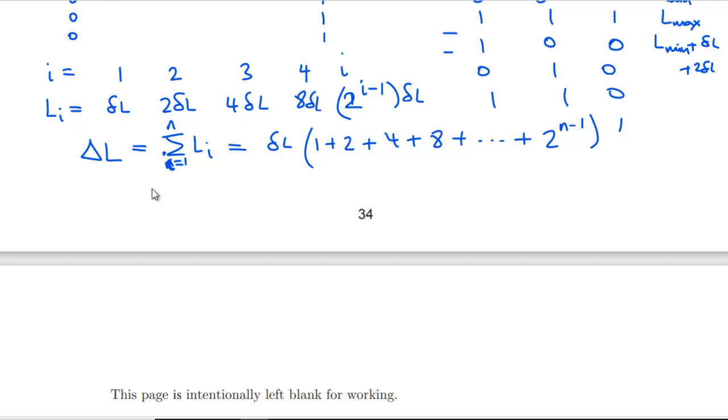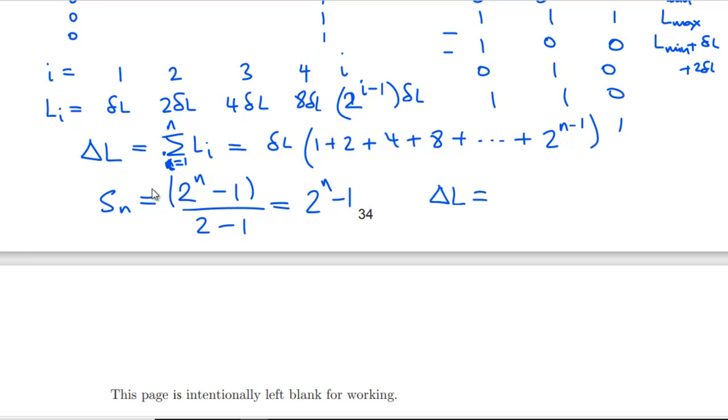We've got N terms, so we're doing a geometric sum to N. A is 1, R is 2, so we want 2 to the N minus 1 over 2 minus 1, which is 2 to the N minus 1, multiplied by little delta L. So big delta L is equal to little delta L multiplied by 2 to the N minus 1. That's right, isn't it?